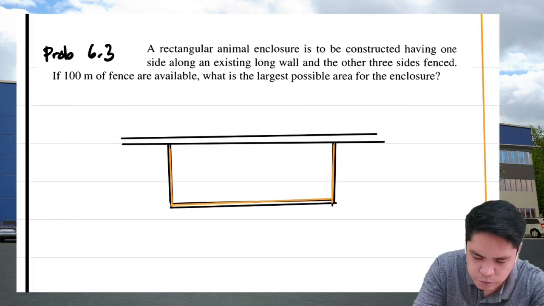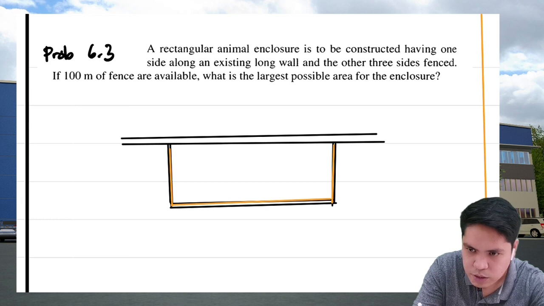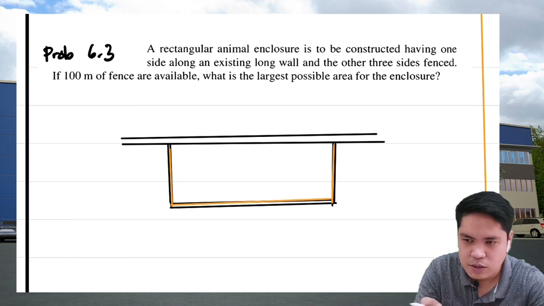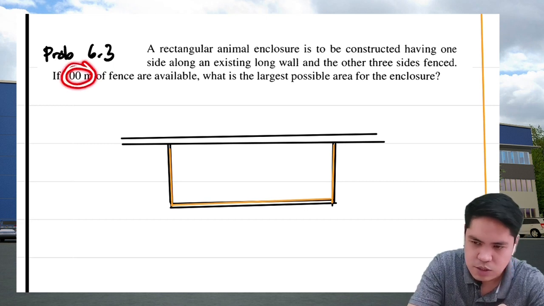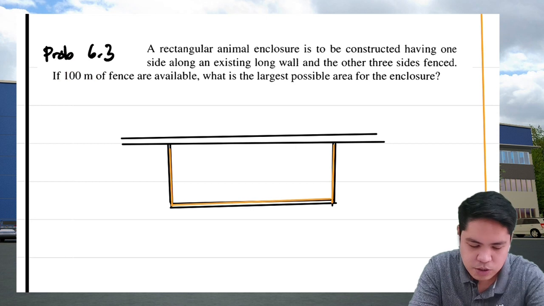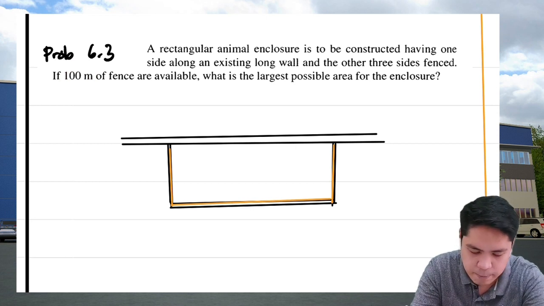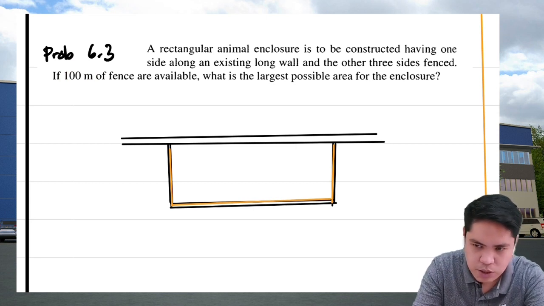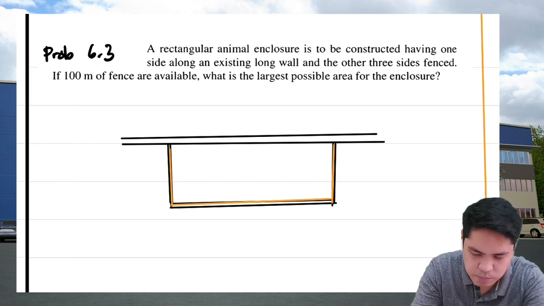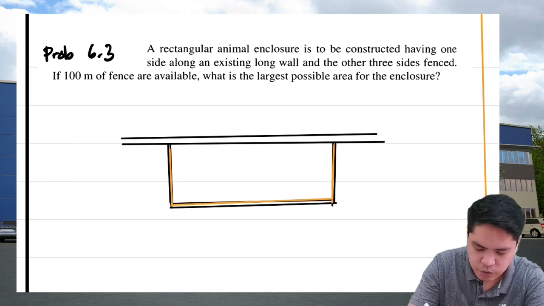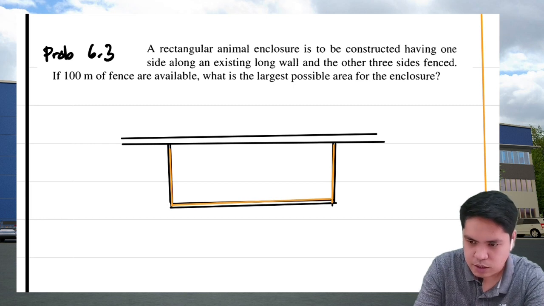Okay? Now, if we assign some variables here, so when we say constant, diba? Constant is that doesn't change. For example, this 100 meter does not change because yun lang yung available natin na length of fencing. But the variables here are those that are changing. Okay? And these dimensions that are changing are, of course, this length and this width.